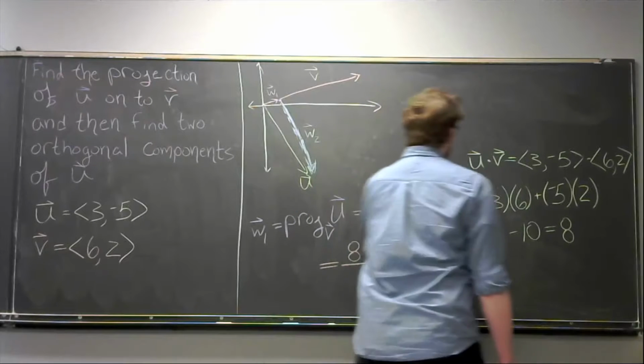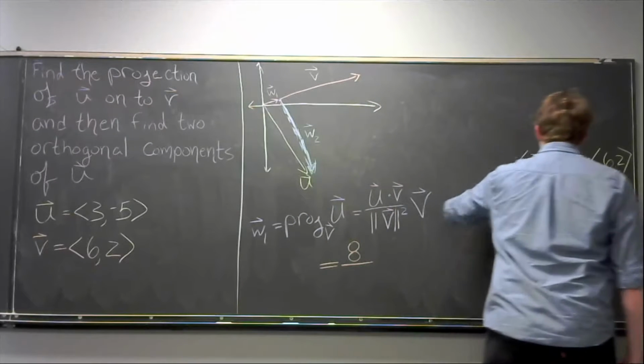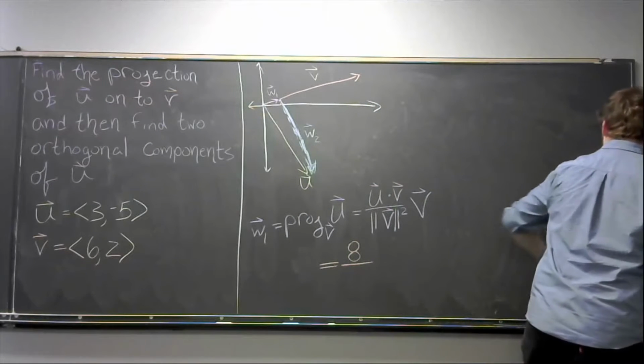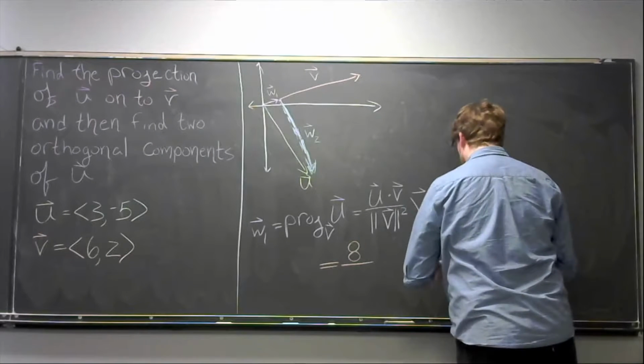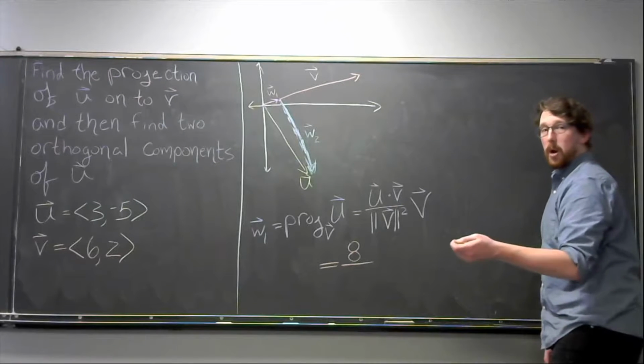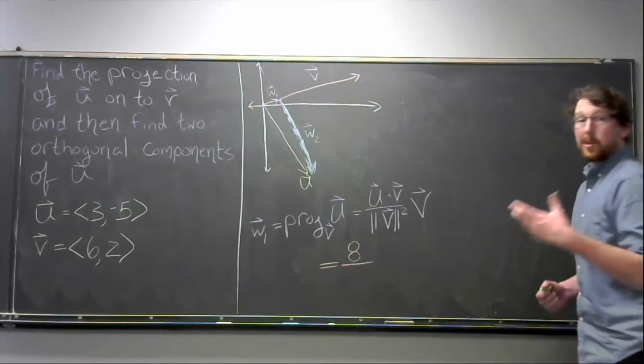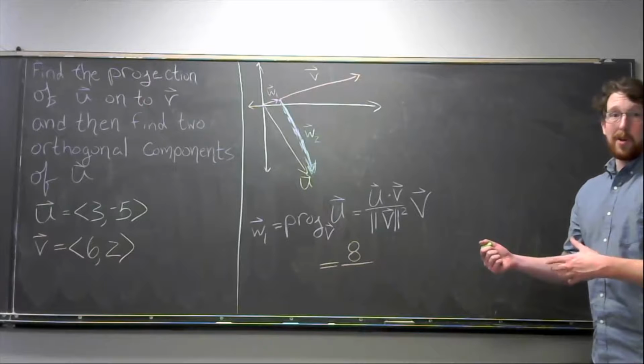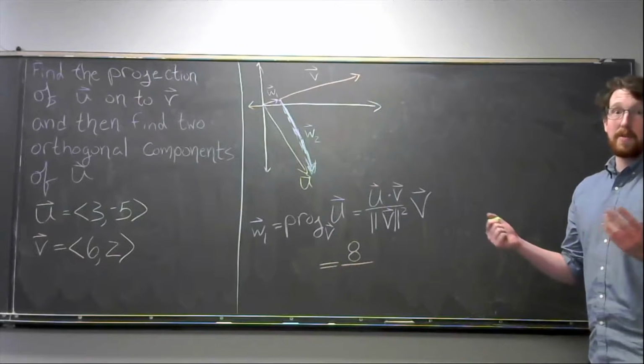Now, let's find out what the magnitude of v is. Well, we can write the magnitude of v in two different ways, right? We can say that it's the square root of the sum of its components squared.